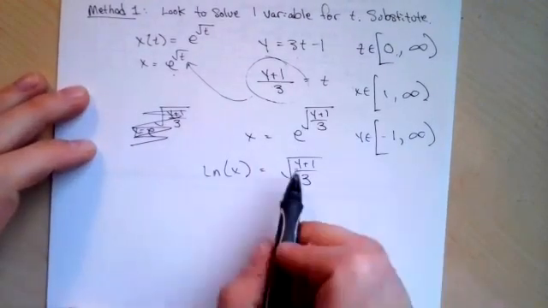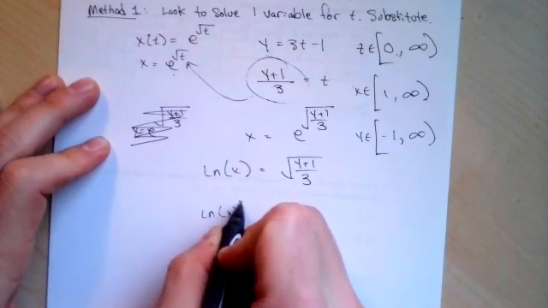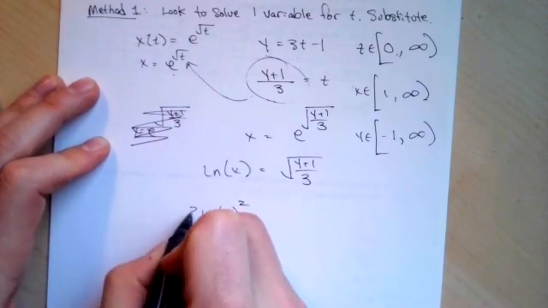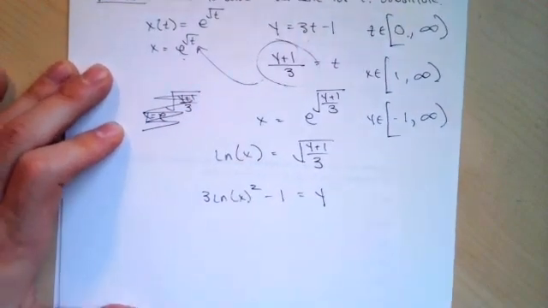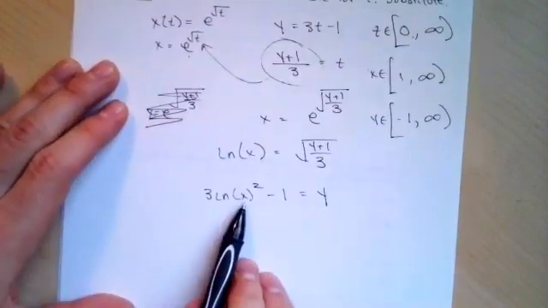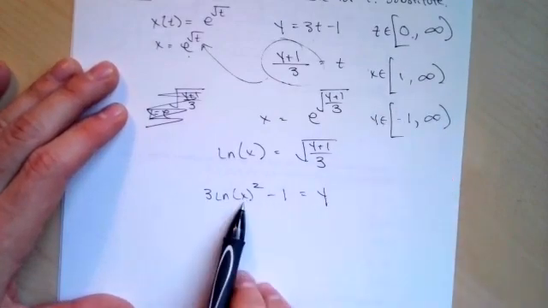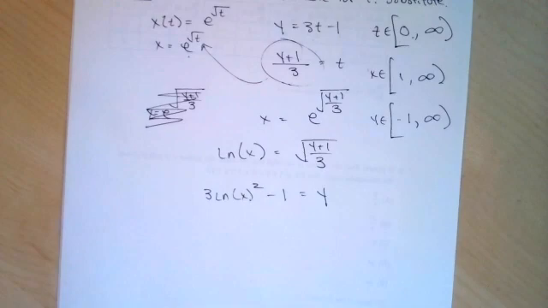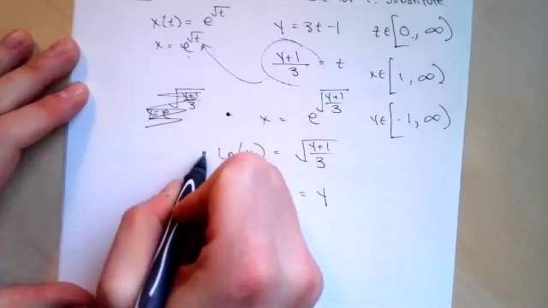And if we wanted to, we could solve for y. So we would square both sides, multiply by 3, and then subtract 1. So here we have y as a function of x. And again, our x interval is 1 to infinity, so we're not going to get any invalid operations there with the natural log.